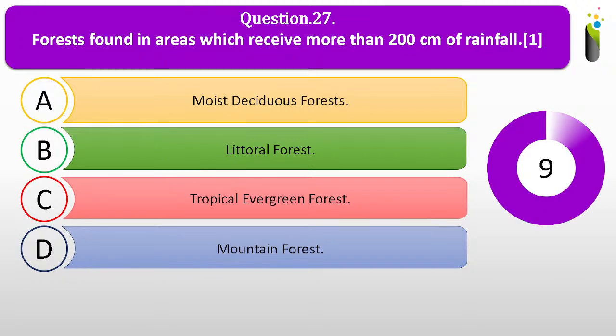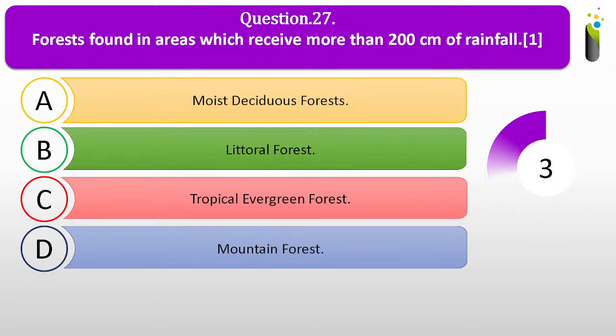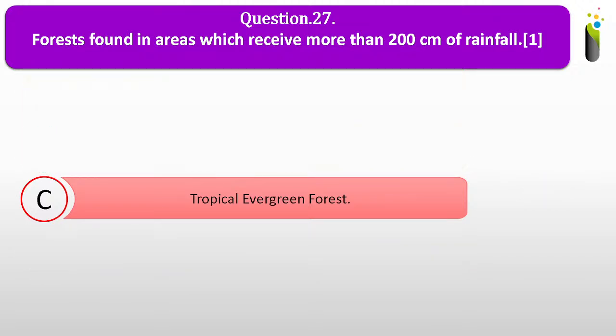So which are the forests which receive more than 200 centimeters of rainfall? And the correct answer for this question is C. So tropical evergreen forests receive more than 200 centimeters of rainfall.